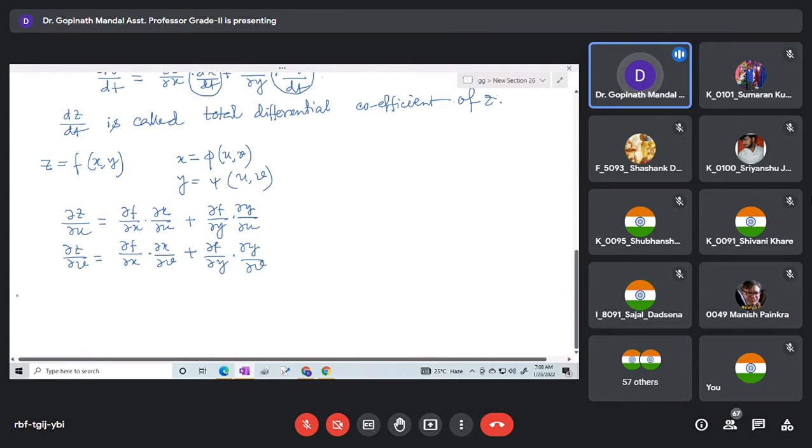Now let us take an example. Suppose z is a function of xy and xy is a function of u and v. Suppose x equals e to the power u cos v and y equals e to the power u sin v.